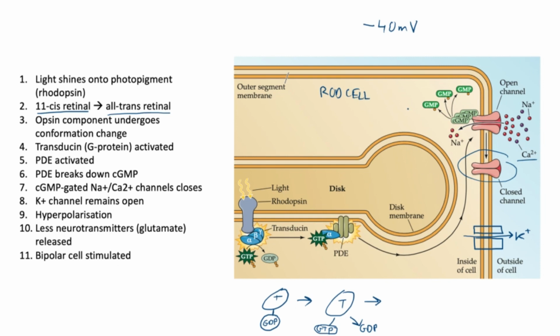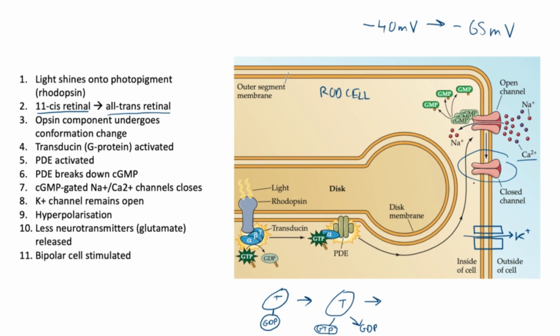So the inside of the cell becomes more negative, and the maximum negativity these rod cells can reach is around minus 65 millivolts. After that, any increase in light intensity will have minimal effect. So when the cell becomes more negative, the cell becomes hyperpolarized.